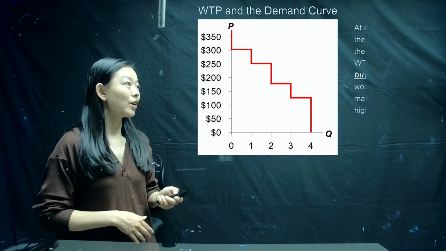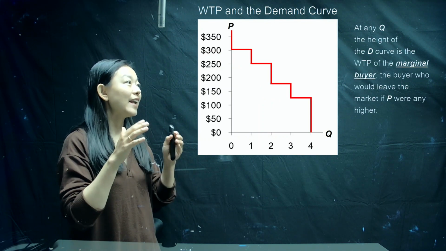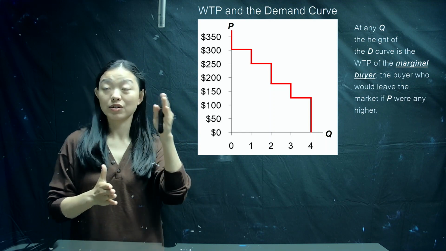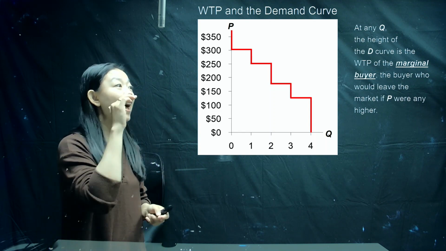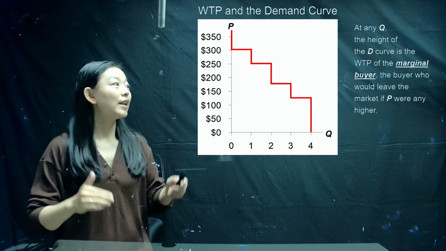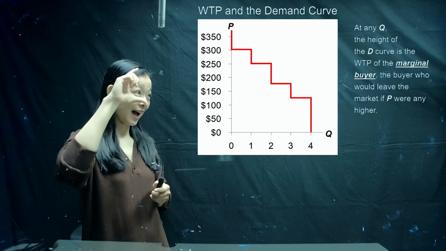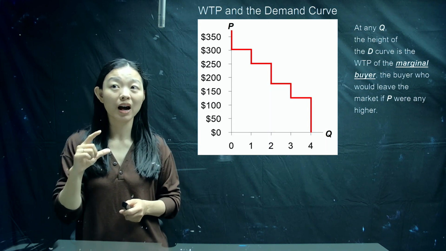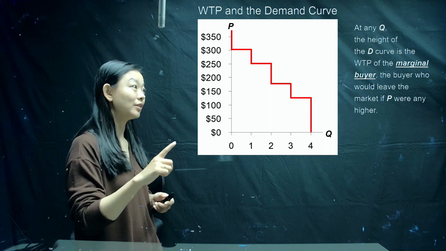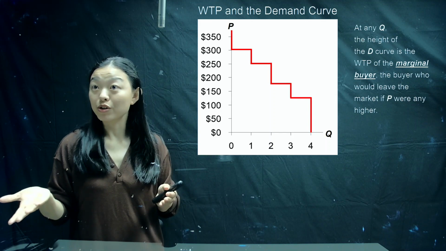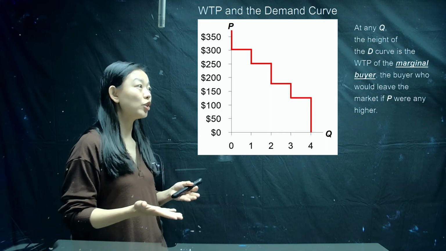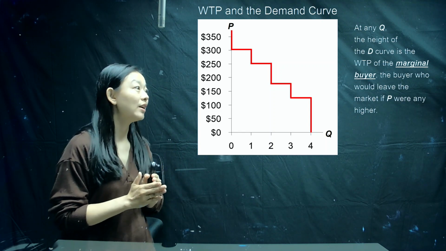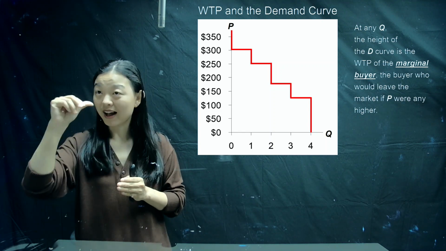So you can see here at any quantity, let's go back to this staircase demand curve, the height of the demand curve actually measures the willingness to pay of the marginal buyer. What does it mean, the marginal buyer? The marginal buyer is the buyer who would leave the market if the price were a little bit higher.